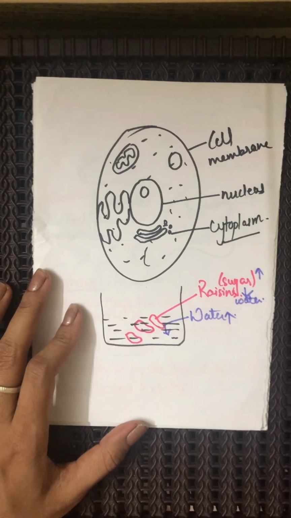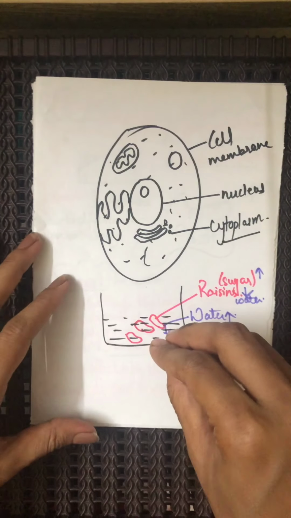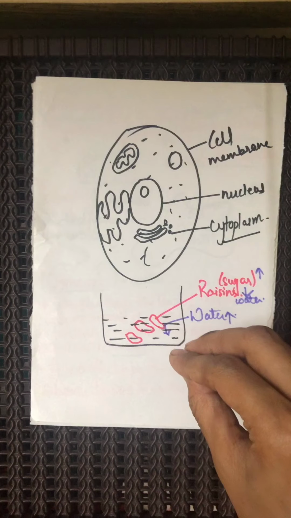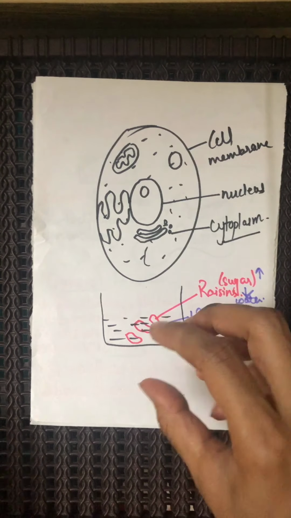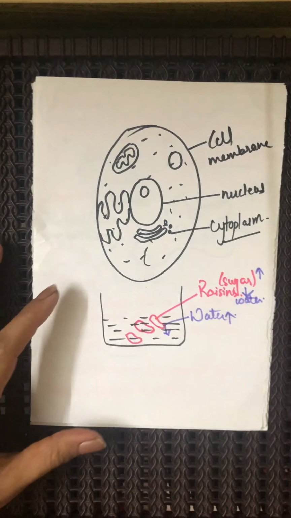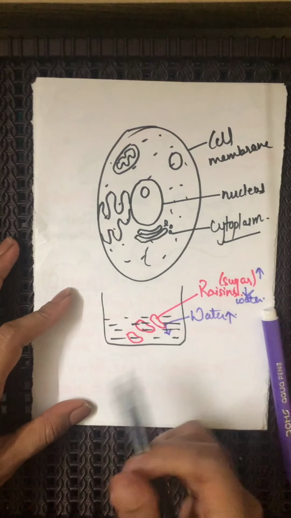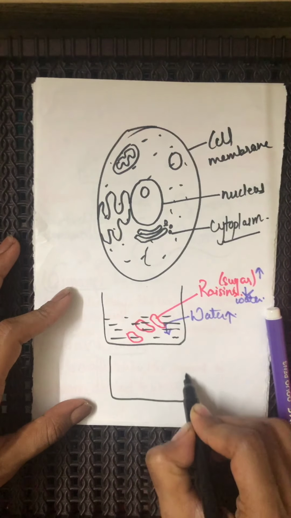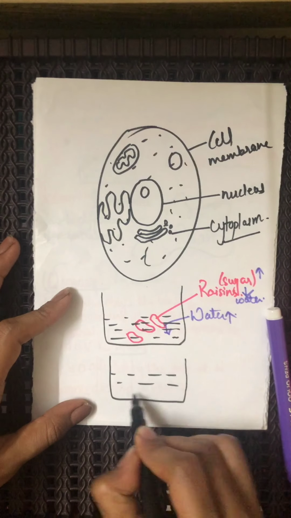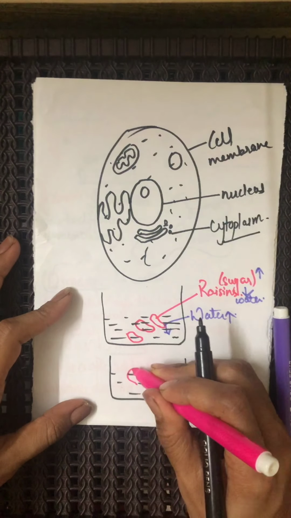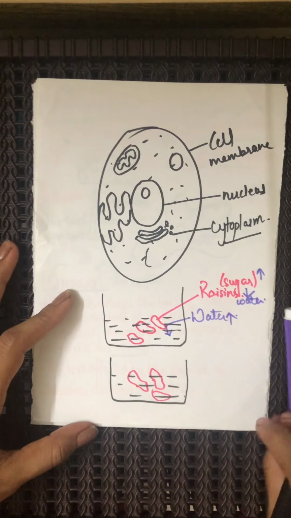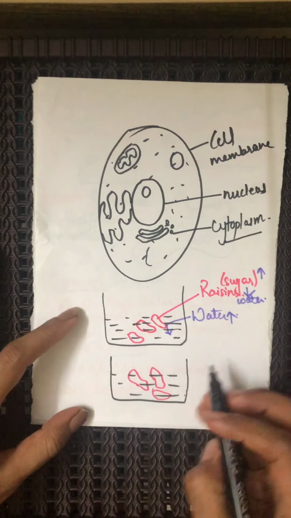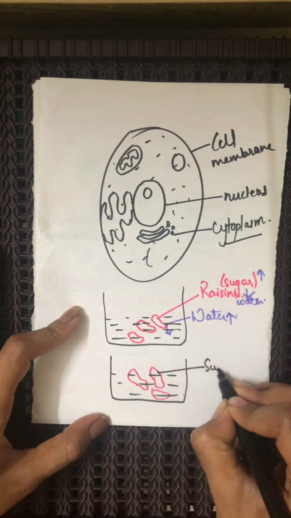If you soak the raisins for some time in this container, you will find that after some time the raisins will swell up. They will get bigger in size. This is the swelling of the raisins.